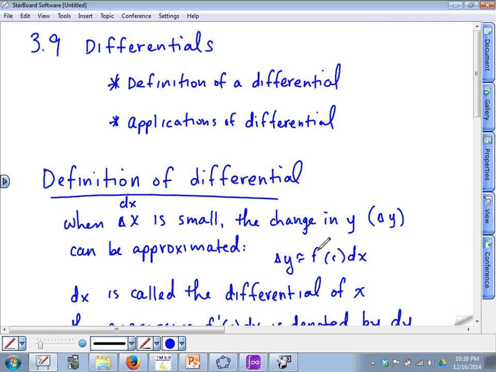Delta y is approximately f prime of c dx. And this value dx, or delta x, the change in x, is called the differential of x.